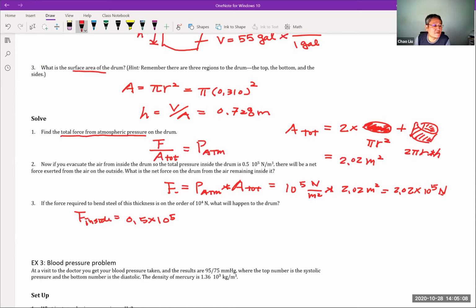0.5 times 10 to the fifth Newton per meter squared, because you have a force coming in all directions, and that force will be equal to your inside pressure times the area.